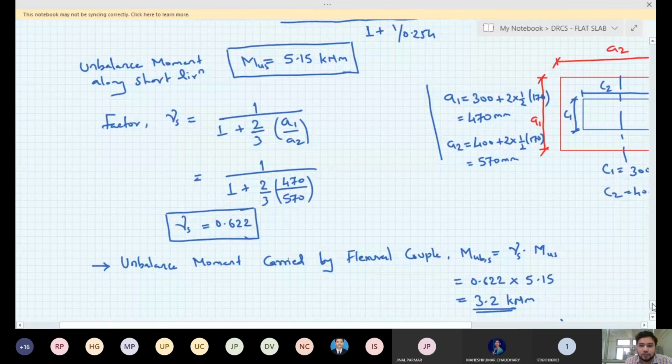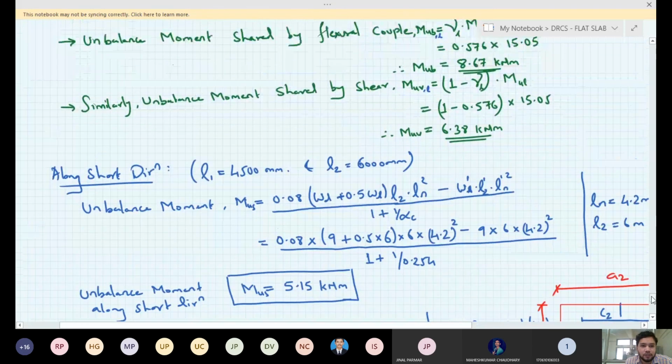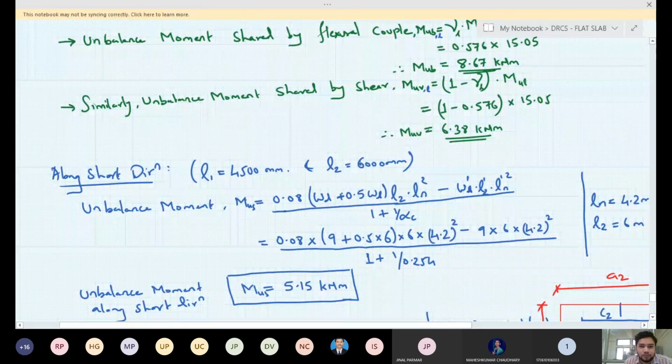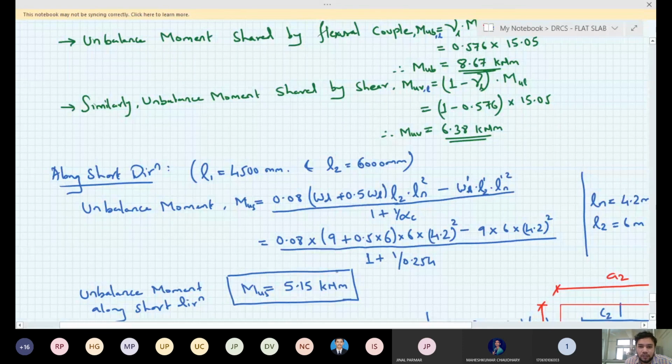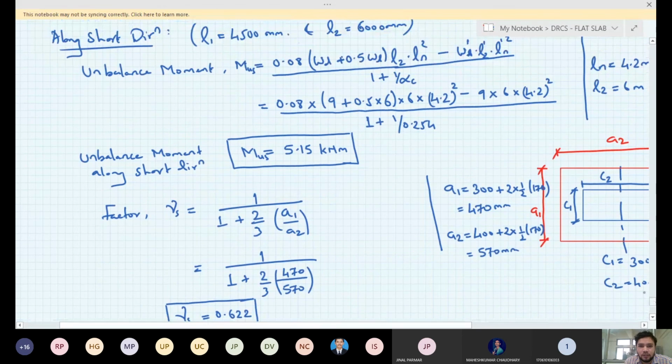Now same procedure will also follow for the short span. So along the short span, the same formula is used to find the unbalanced moment, and it works out to be 5.15 kilonewton meter. And then we'll find out the factor by which the unbalanced moment is carried by the flexural couple. So it will be 1 by 1 plus 2/3 of square root of A1 by A2.